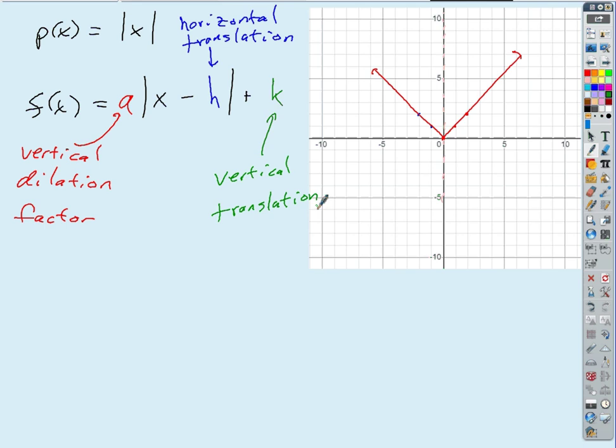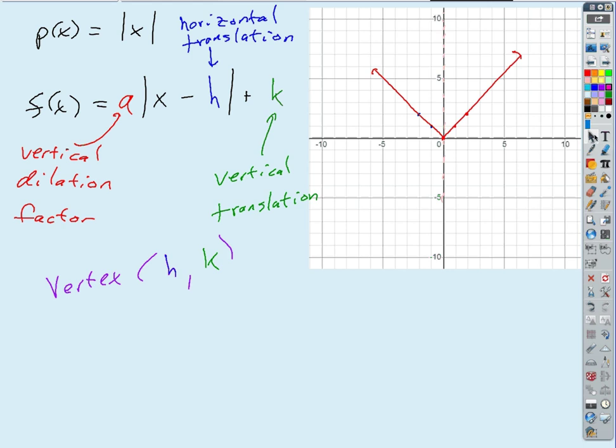Because h is telling us how far we're sliding the x coordinate from 0, and k tells us how far we're sliding the y coordinate from 0, right? So there's an easier way to think about this. We can just think about the vertex as having the coordinates h, k, right?